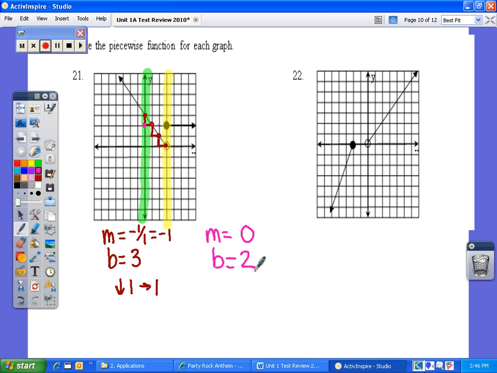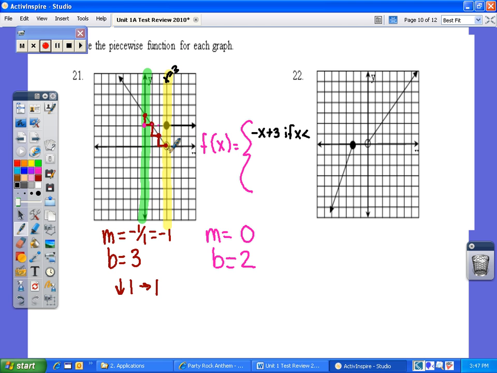So that means that you have two different equations. Always start with f of x equals. Never forget this part. Our first equation is negative x plus 3. Your domain restriction is if x is less than, because we're on the left-hand side, and then we want to see what it has to be less than, so we count to the right. 1, 2, 3. So x equals 3.